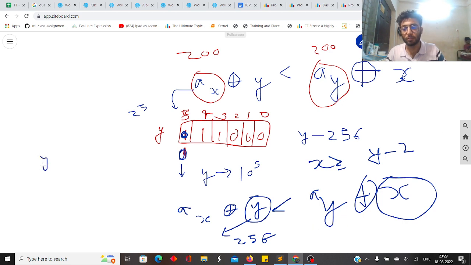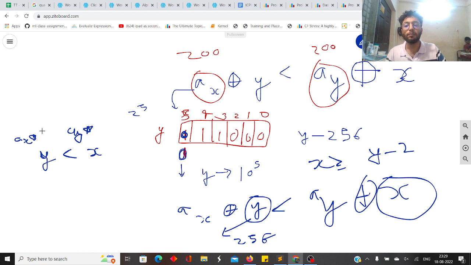If the question was only y less than or equal to x, I would take all the pairs such that y is less than or equal to x. But my question is ax XORed with y should be less than ay XORed with x.